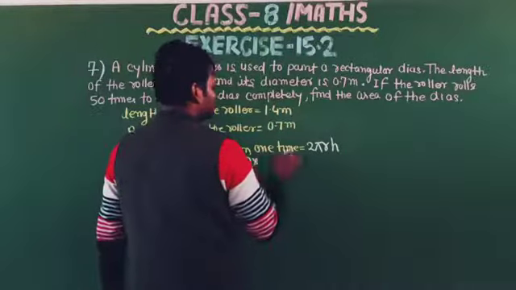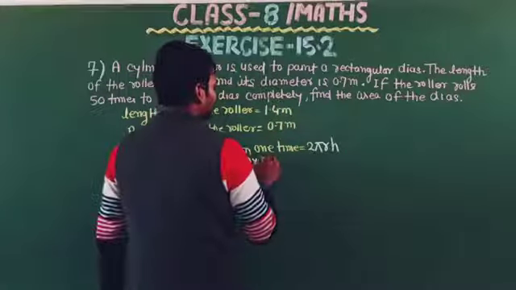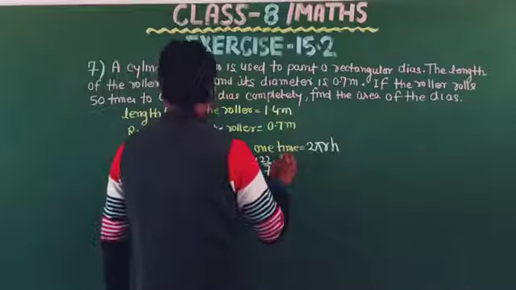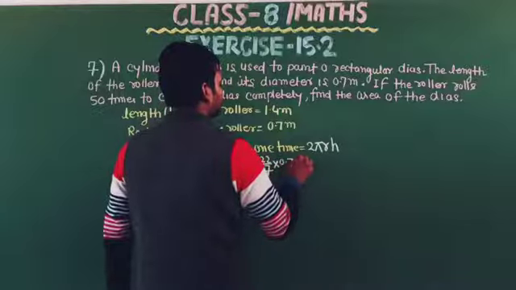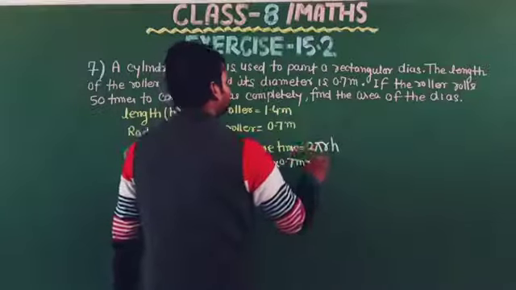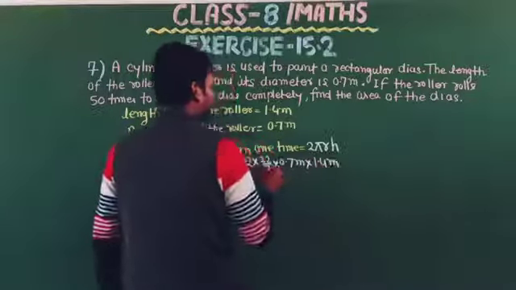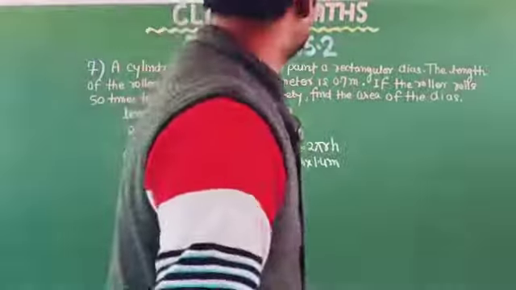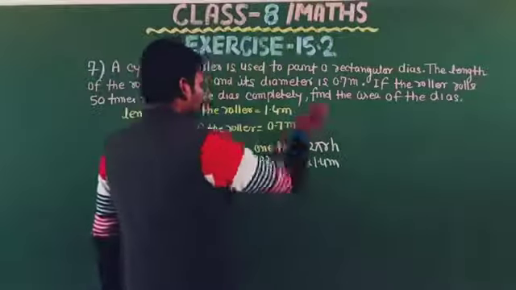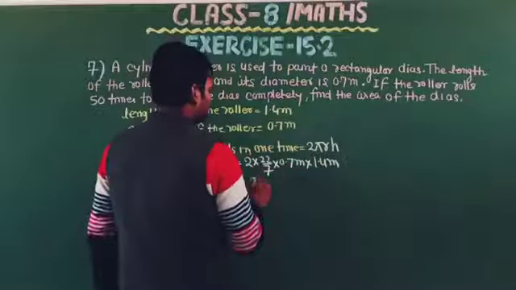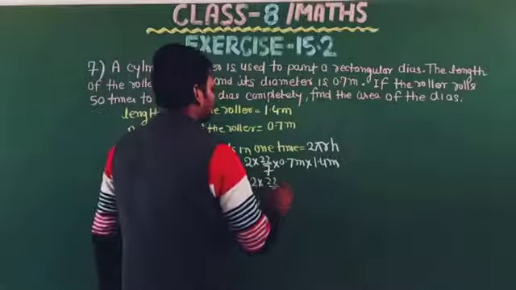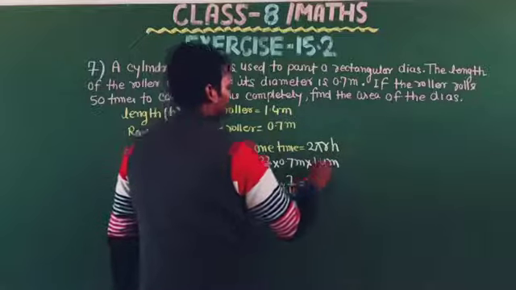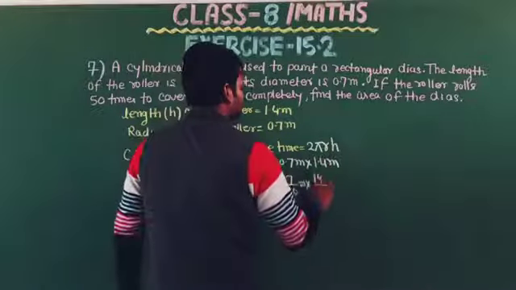So this is 2 into 22 by 7, radius is 0.7 meter, into height 1.4 meter. Okay, now simplify. So this can be written as 22 by 7 and 7 by 10 meter into 14 by 10 meter.